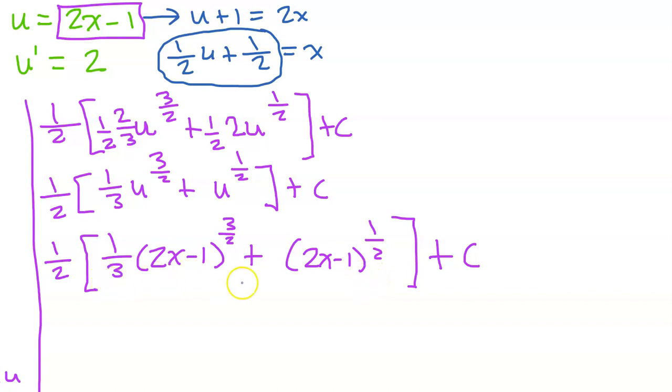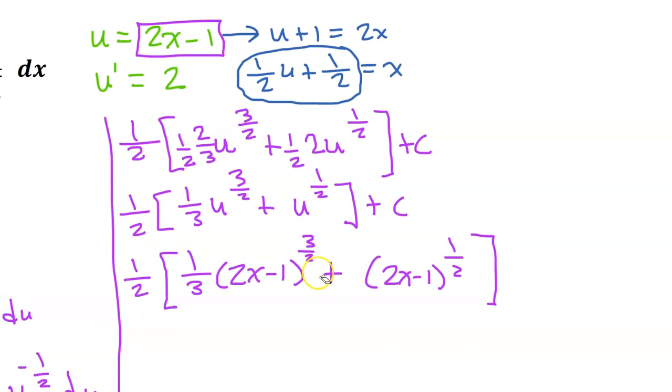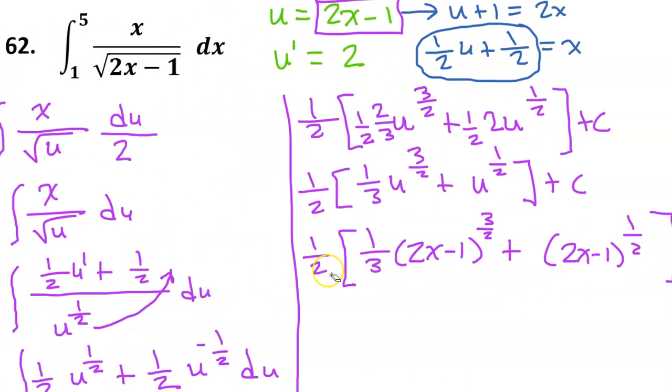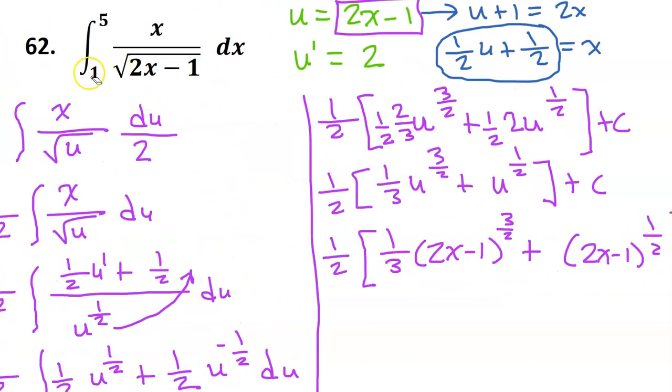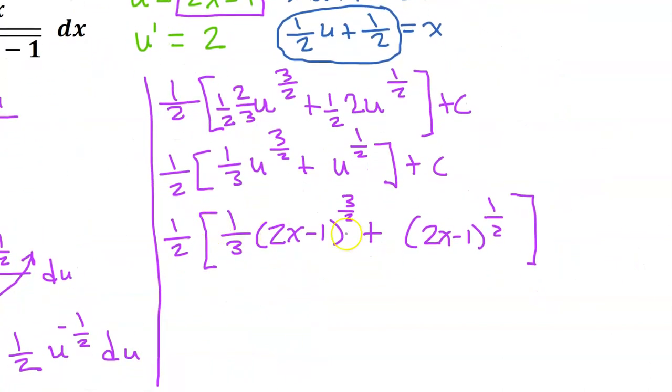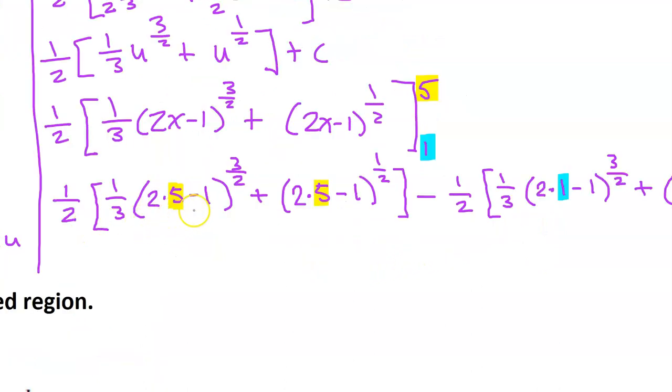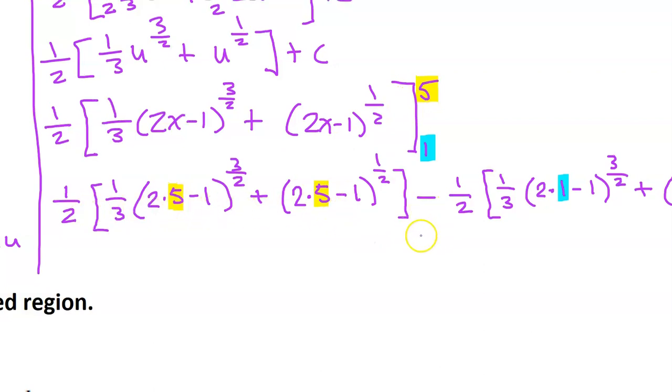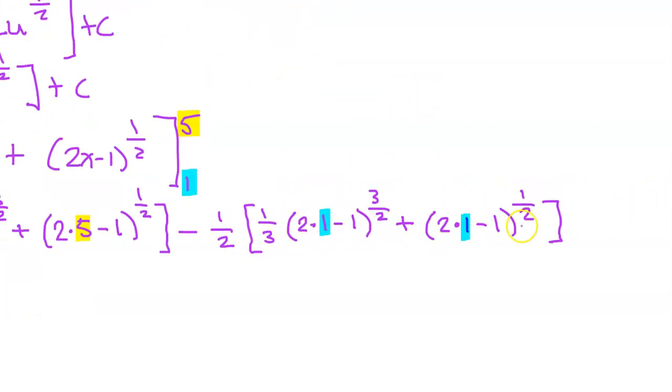But now that I have the x's back, I can go ahead and evaluate using my limits of integration. So I'm going to go ahead and remember that the limits of integration are 1 and 5. So I need to evaluate this from 1 to 5. So I set up the value at 5, and then I'm subtracting the value at 1.